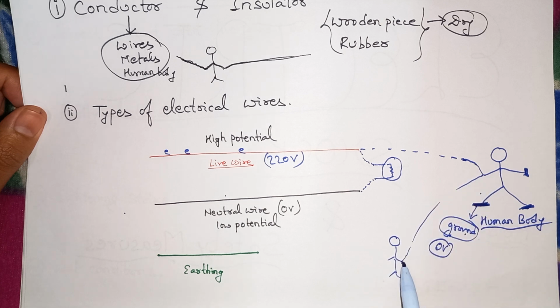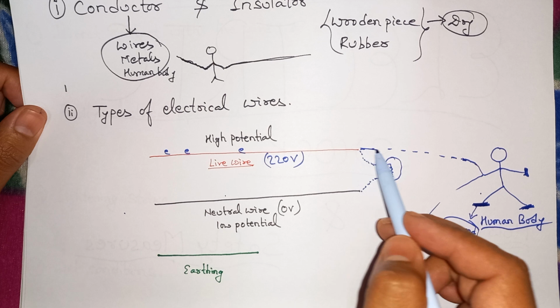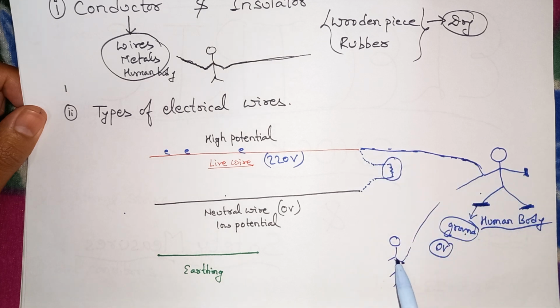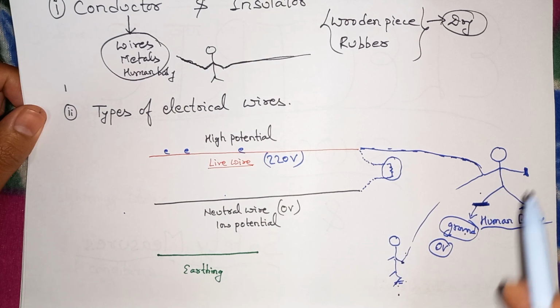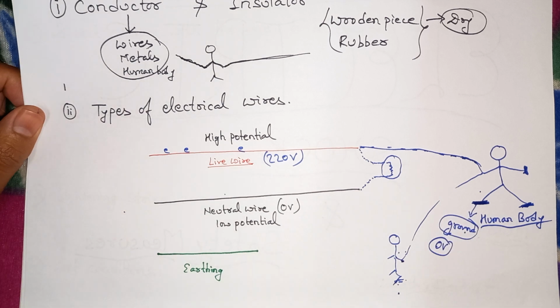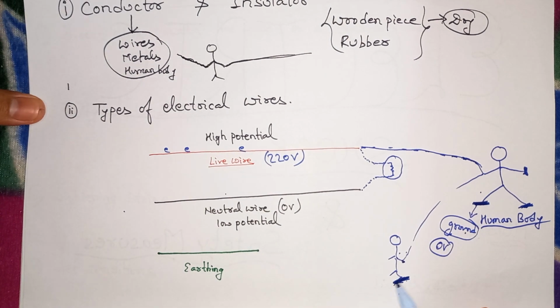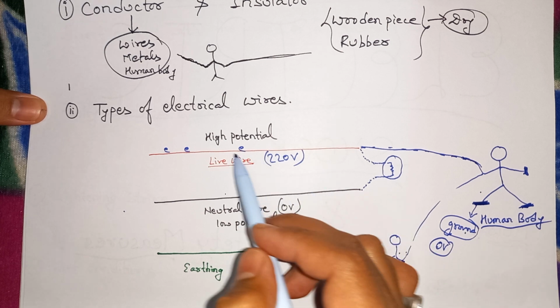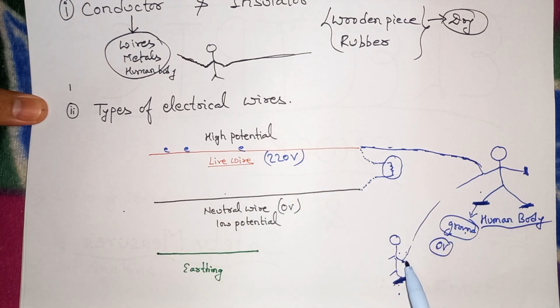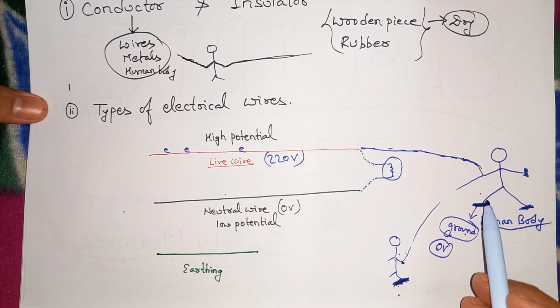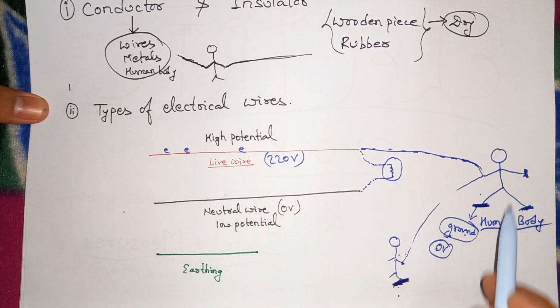And if this person is connected to the ground, then the electricity flows from here to this body and to this one, and these two persons get an electric shock at the same time. But if this person again stands on an insulator, then electric current flows from here to here, but the circuit is not complete. So that's why this person does not get an electric shock. Okay, I hope you have understood how a human body gets an electric shock.